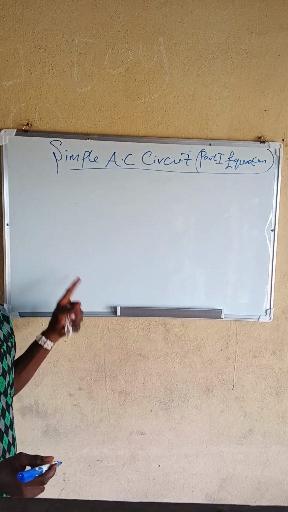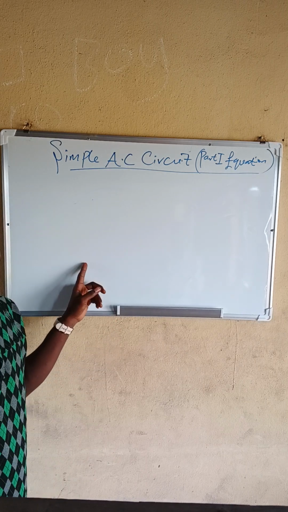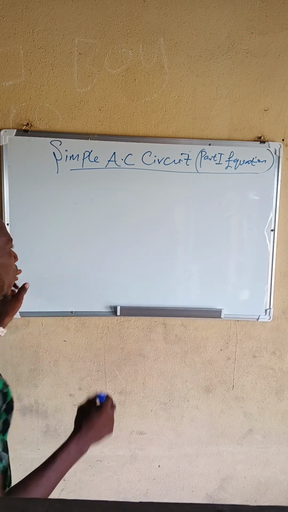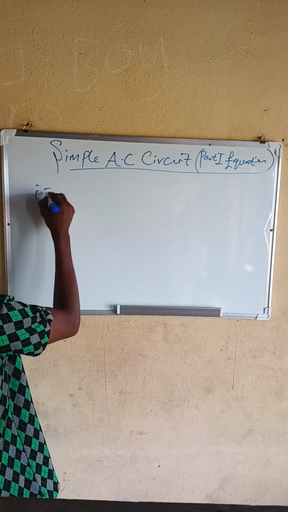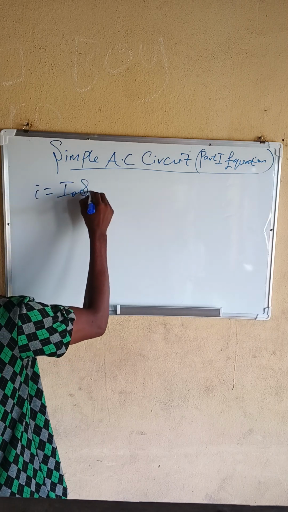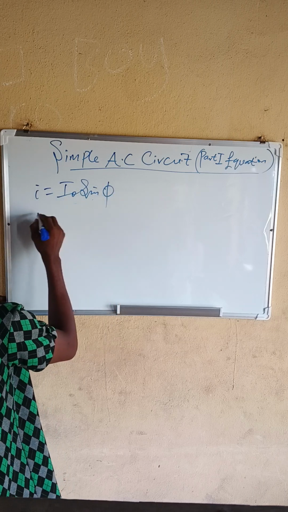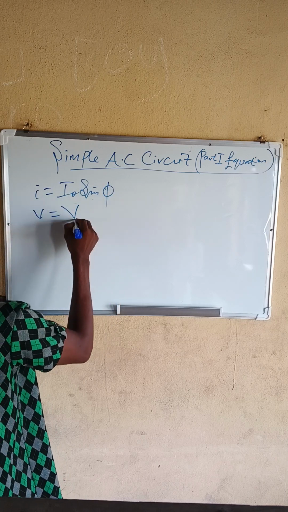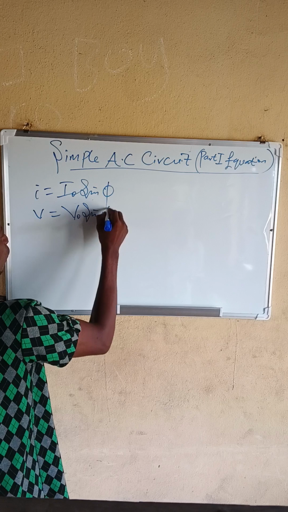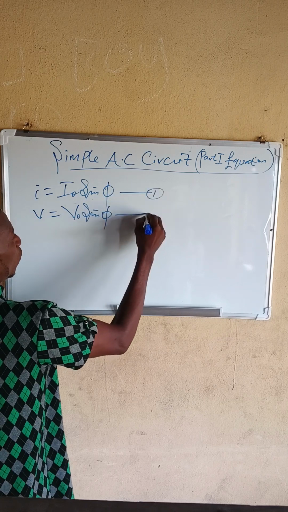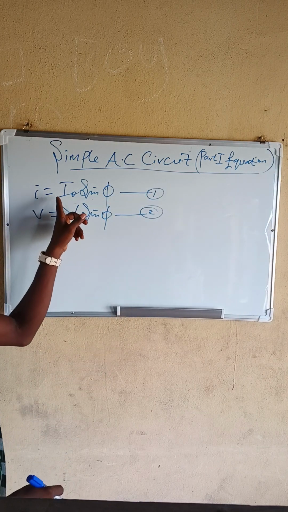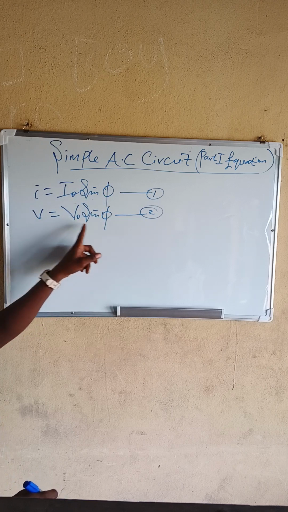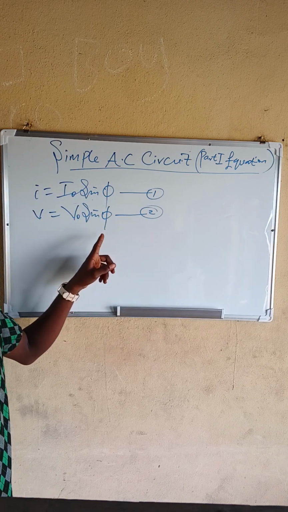Alternating current and alternating voltage are given as shown below. This is alternating current, while this is alternating voltage.